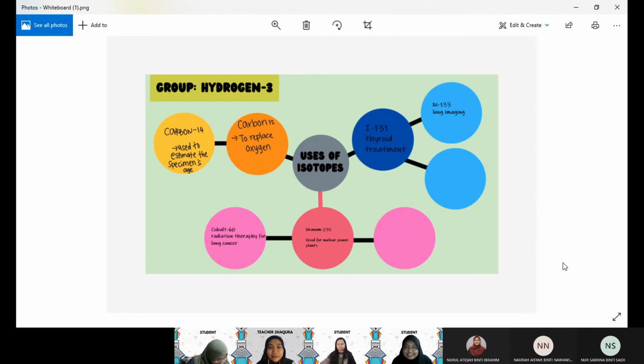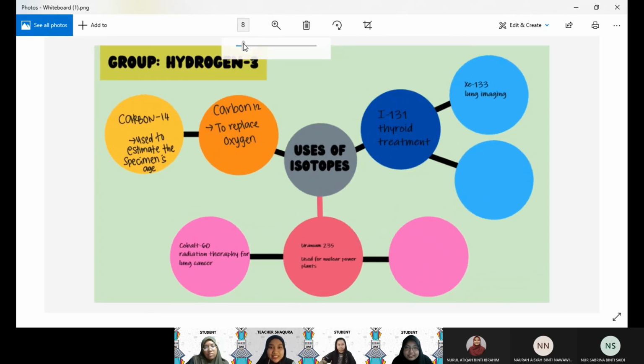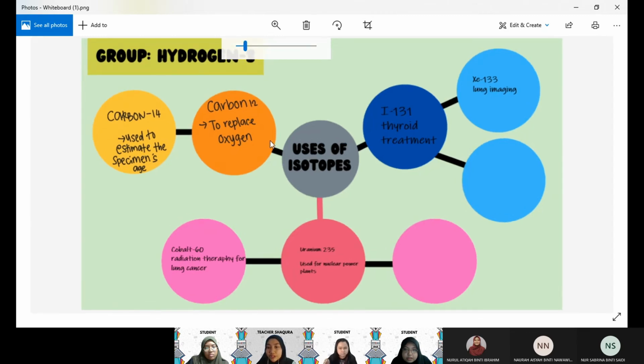Okay, great job, group 3. I can see that there are some isotopes that we didn't cover in the syllabus, and that's good. That's a good sharing, a new sharing for your friends. But I would like to emphasize that the dark orange circle, the dark pink circle, and the dark blue circle are for the fields, not for the isotopes.